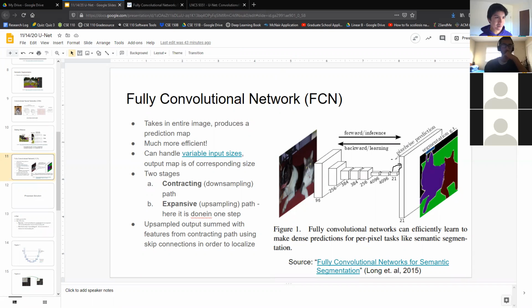So they sum right here. But the problem with that is that you might not be very precise in your segmentation. So I think the solution was to look at higher resolution parts and connect those from earlier layers, if that makes sense.